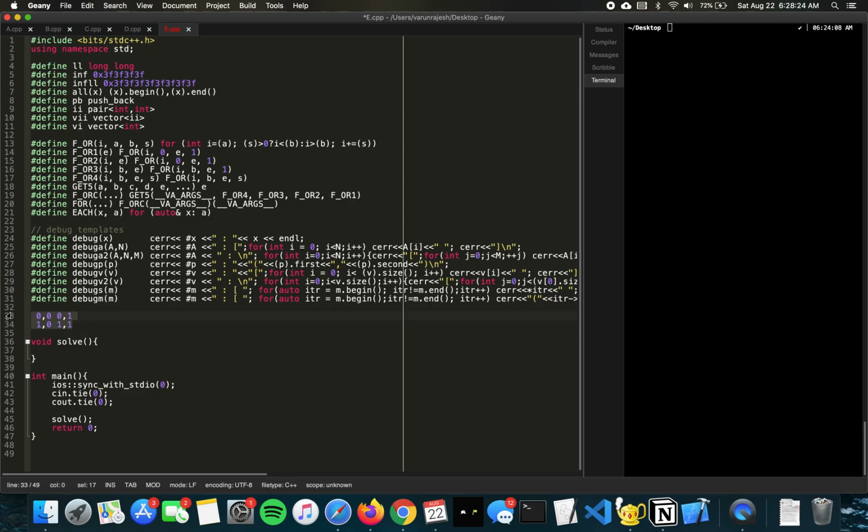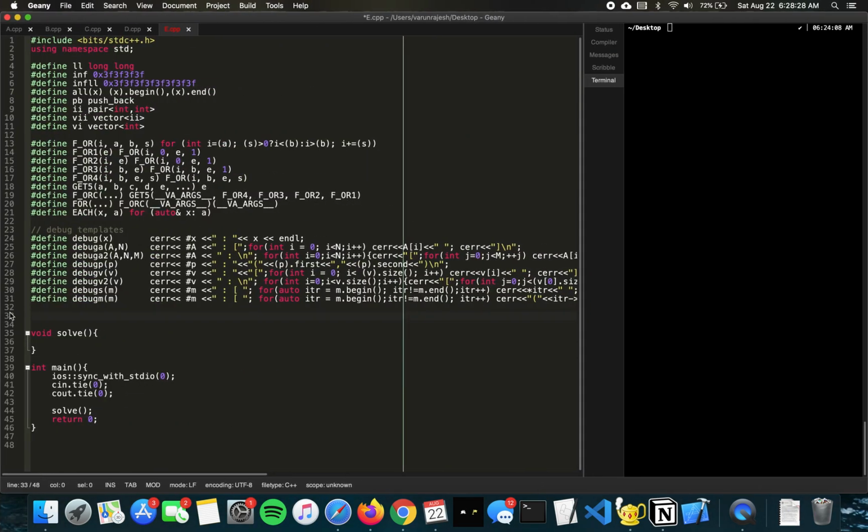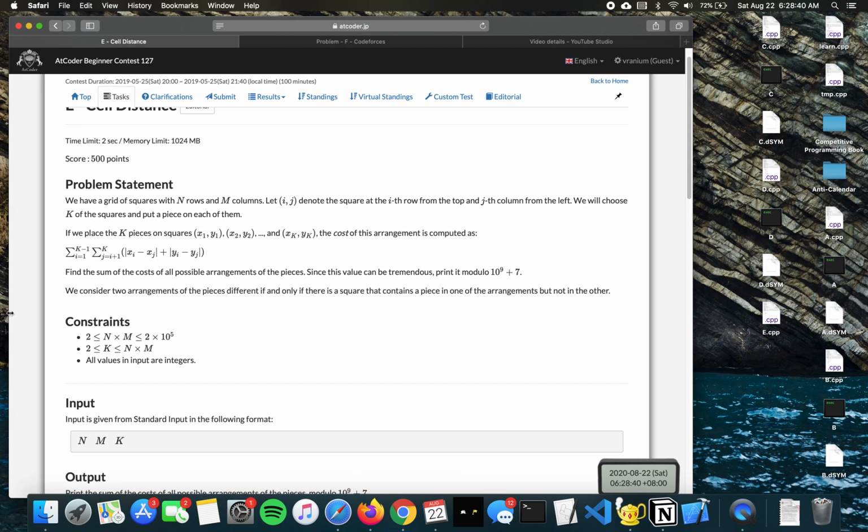Right? So first let's read in n, m, and k. First thing first, we can't just do this via brute force because that will take too much time.